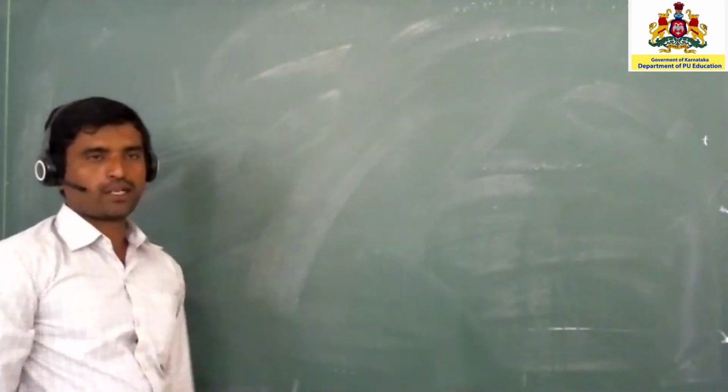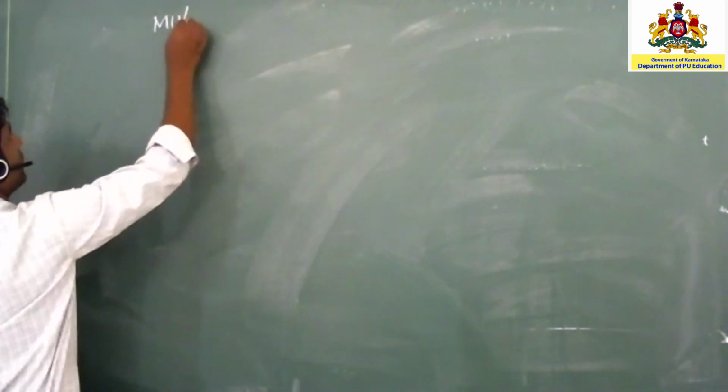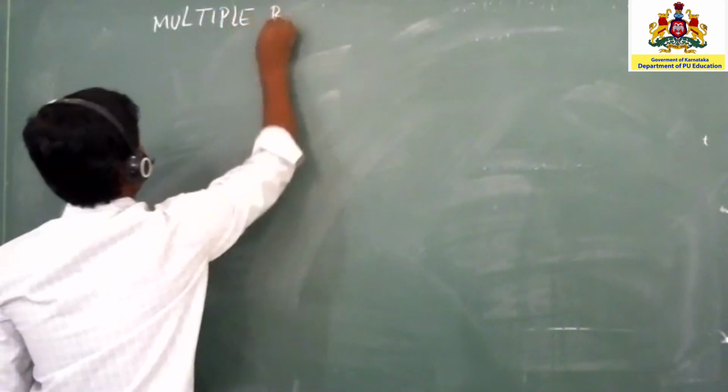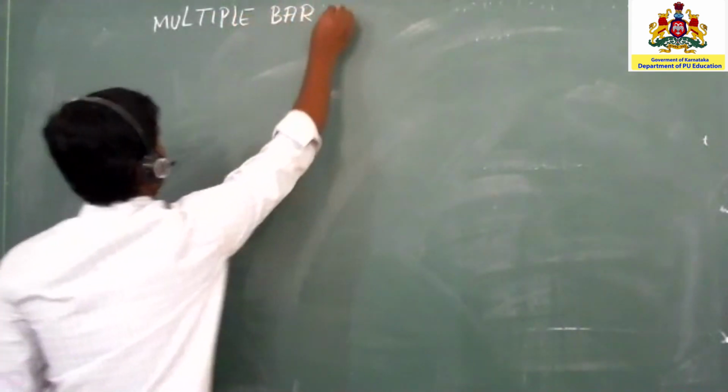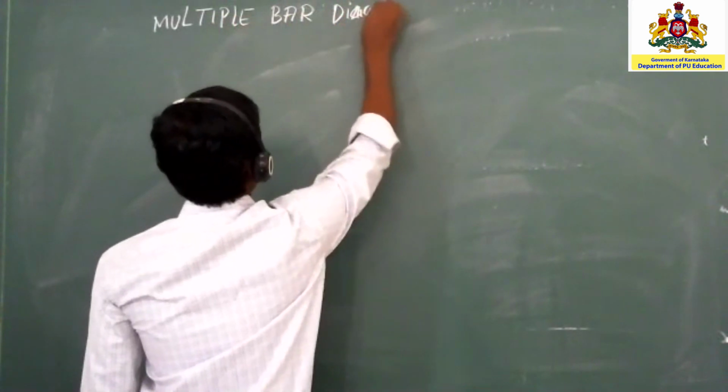The second one-dimensional diagram is the multiple bar diagram.